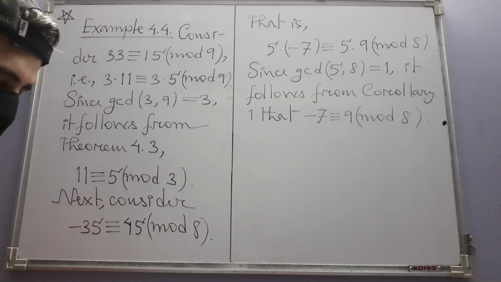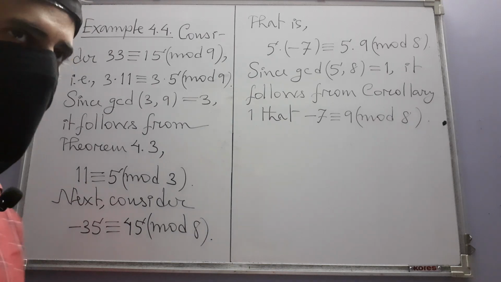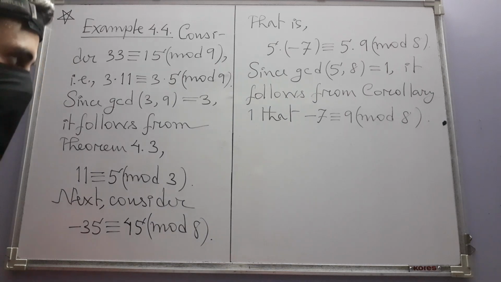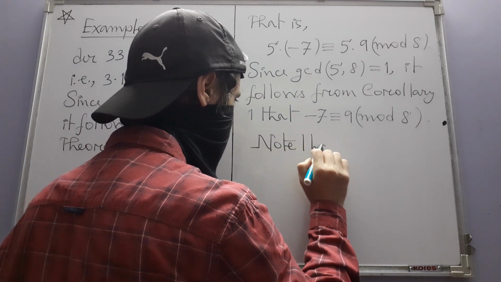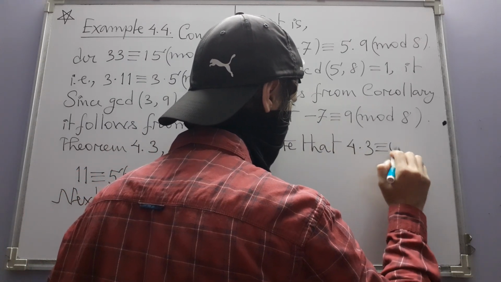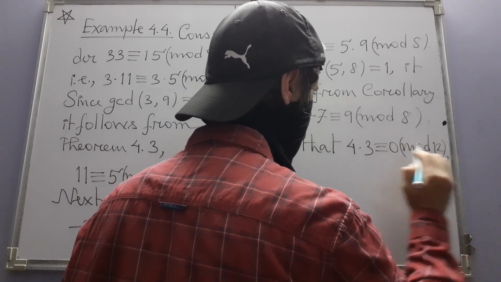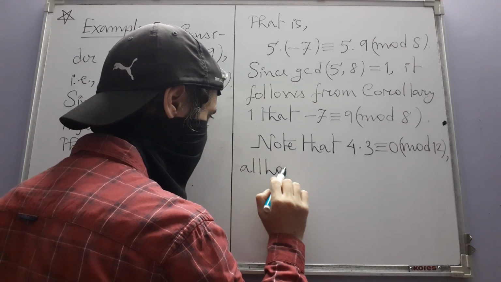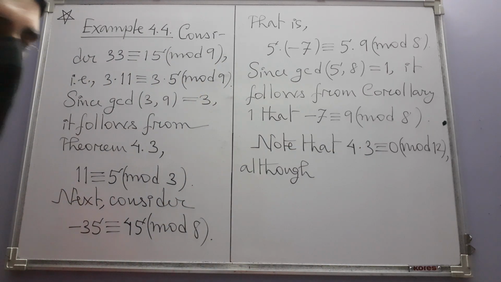Okay, now congruences have a property which is not seen in ordinary calculations involving integers, ordinary equations. For example, four times 3 is congruent to 0 mod 12, although none of the individual integers is congruent to 0 mod 12.